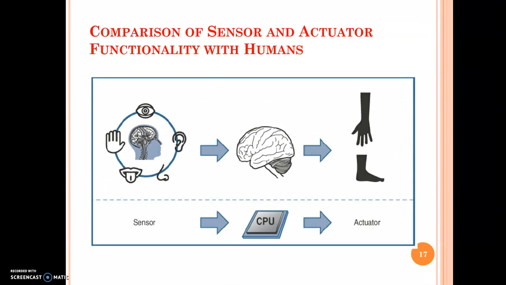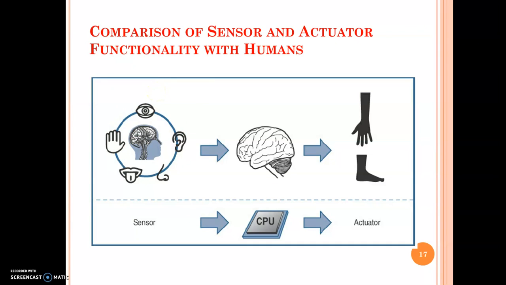In the previous slide, we have seen the parallel between sensors and the human being. Let's see again the comparison of the sensors' and actuators' functionality with humans. Humans use their 5 senses to sense and measure their environment.